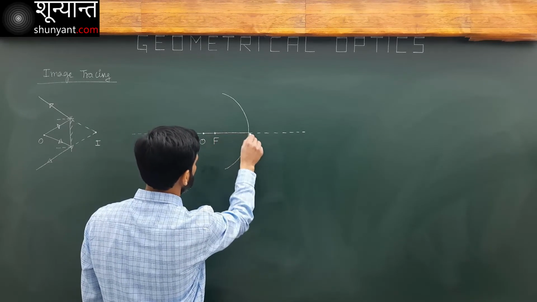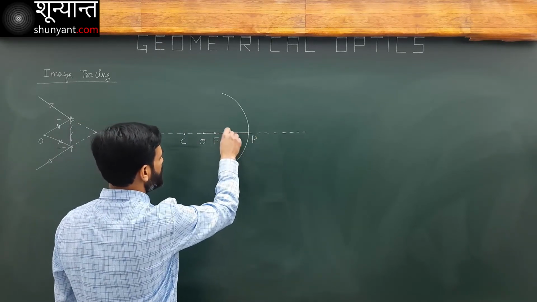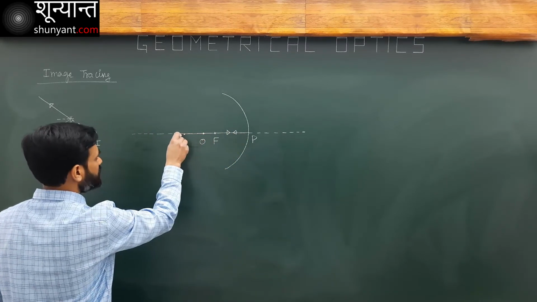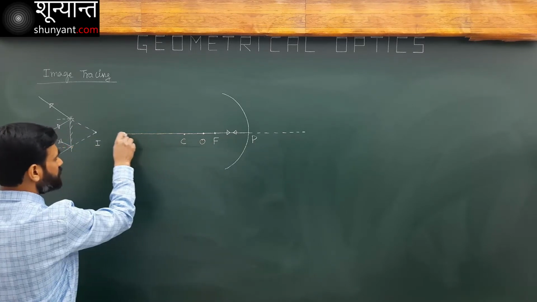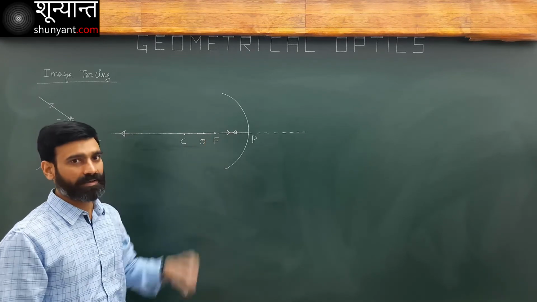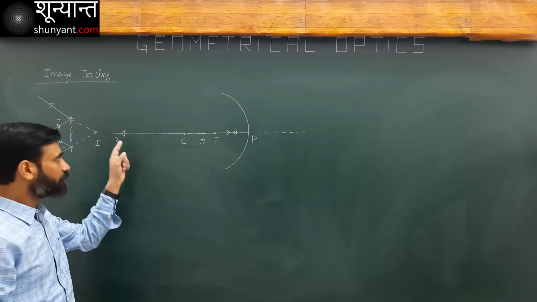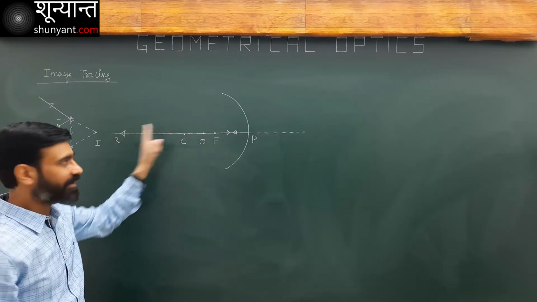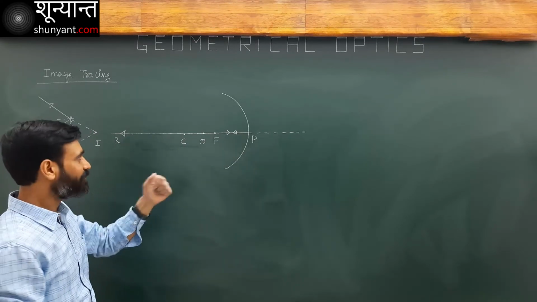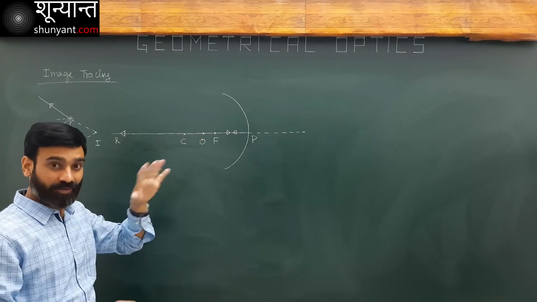It hits the pole. This will be a normal incidence. This light will retrace. It comes back following the same path. So this becomes the reflected light corresponding to this incident light. Understand this. This is a reflected light. This is not the light which is coming from the object. It is the light which is coming after reflection. Of course, there will be a light which directly comes out from the object in the same direction, but that we are not considering.